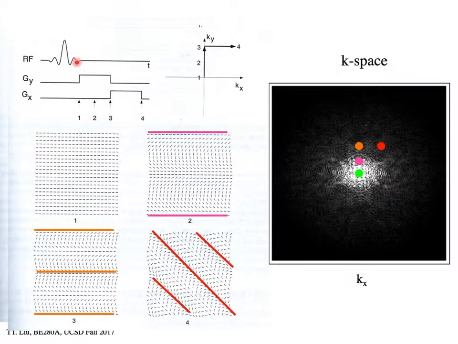When I apply an RF pulse, forgetting about slice selection for the time being, let's say it's just a two-dimensional object, I get a set of magnetization vectors in the transverse plane, and they're all pointing in the same direction. They have equal phase, so their angle in the transverse plane is equal.